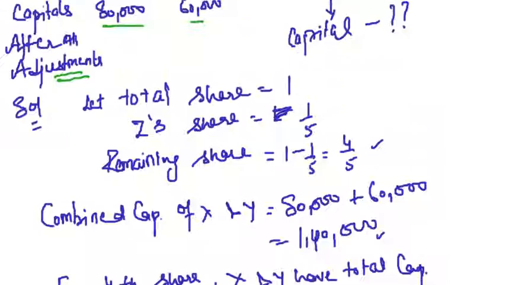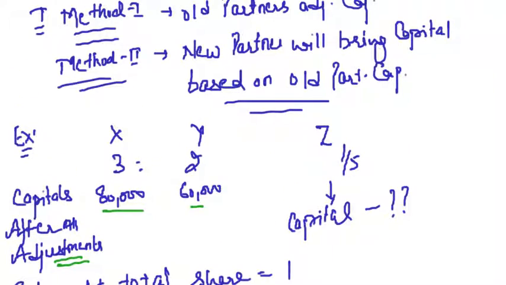Okay, so this is method 2, where the new partner will bring the capital based on the old partners' capital to make the capital of all the partners proportionate to their share of profit. Clear?